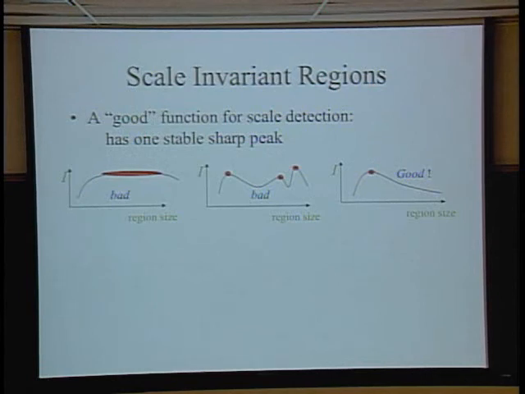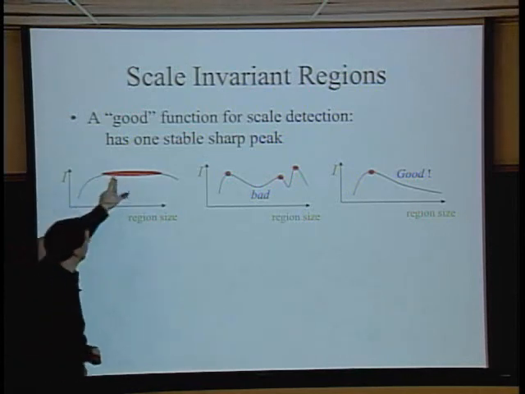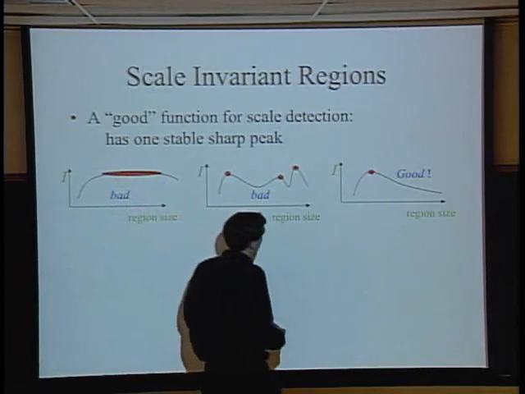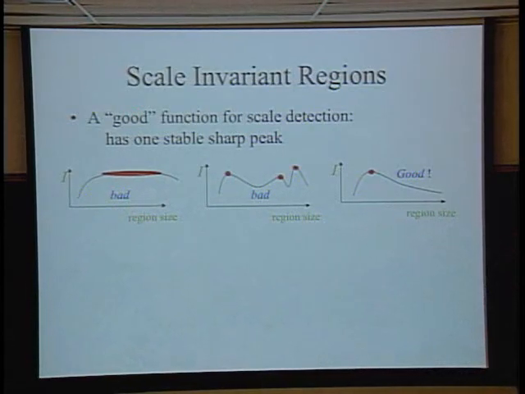Now, there are a number of pitfalls with this approach. What I told you is that you have to identify a peak in the interest function to identify the one most interesting scale of that region. If your interest function is flat as you scale that region larger and larger, that's bad because it's hard to identify one consistent peak.